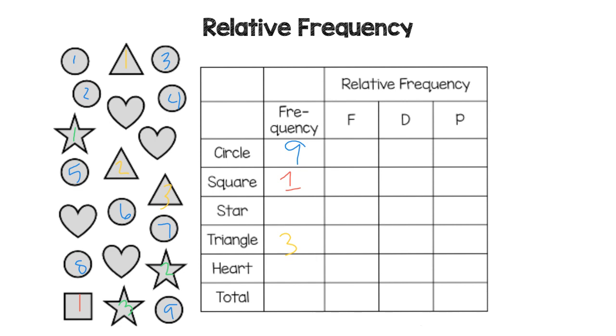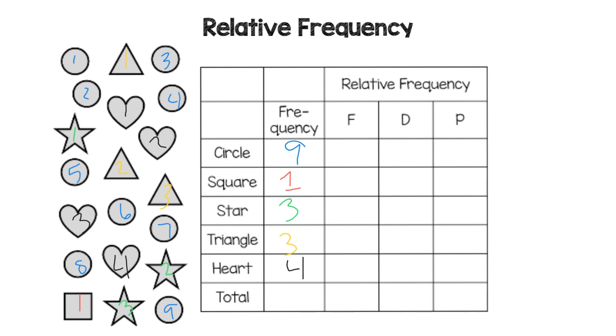The next thing I am going to count is my hearts. So we have 1, 2, 3, 4 hearts, it looks like. Okay, so now we have the frequency of each one of these things occurring.